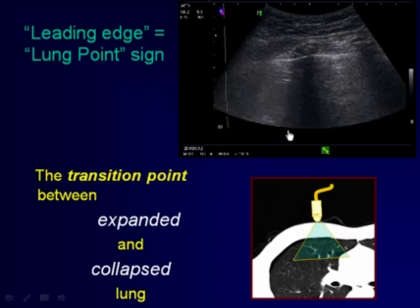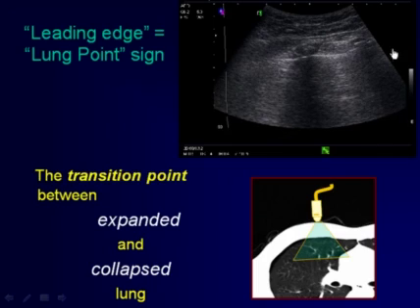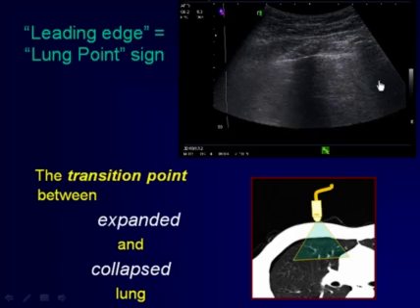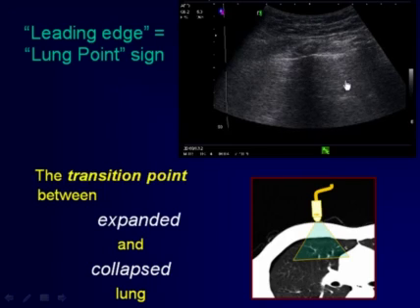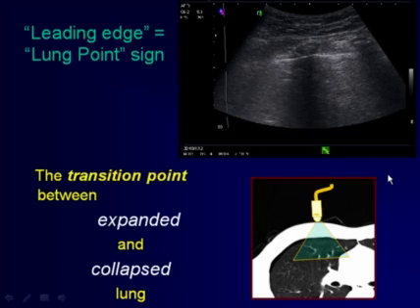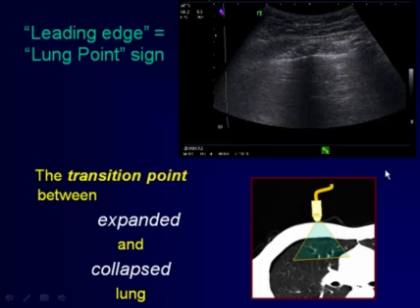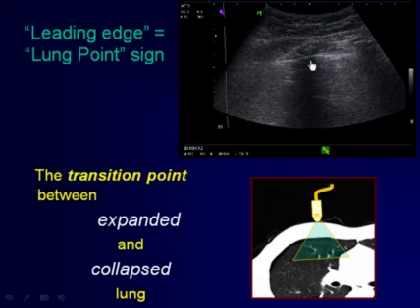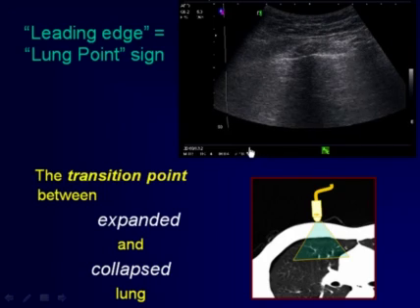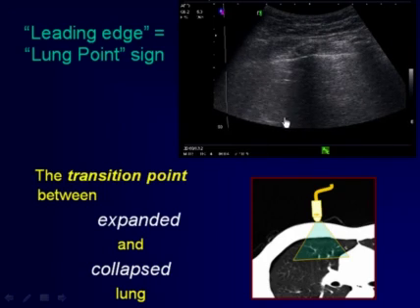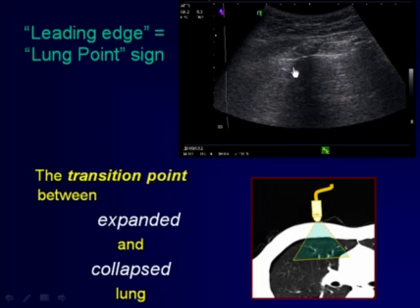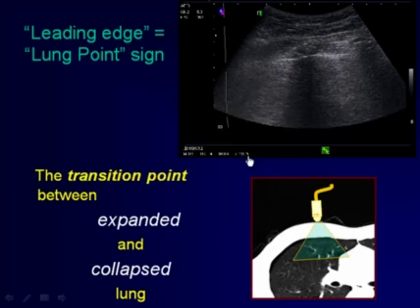Here's another case right here, rib shadow here, and shadow right here. So this is the line we're looking at here, and in this image we have to look very carefully, but there's no movement here. Periodically there is a fine flicker of movement right through here, and that's as the lung moves up and backwards right here, coming into contact with the chest wall.